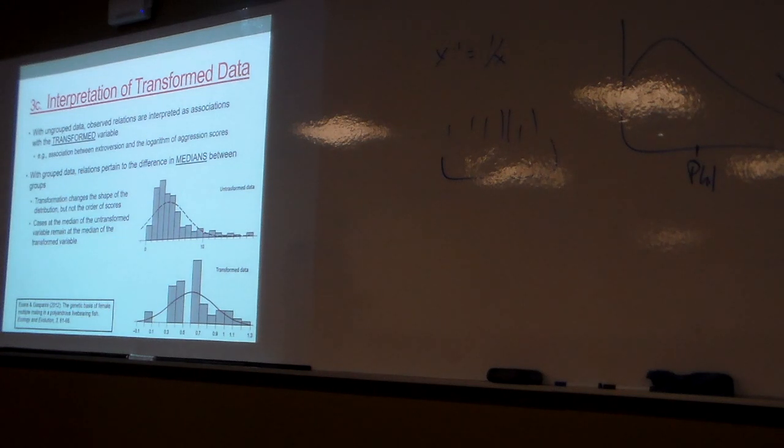As soon as we're using transform data, we're talking about median differences across this group and that group. Okay. So again, I just wanted to make sure that you're talking about this correctly as you're running these analyses. You're talking about the mean of the transform score, certainly, but what we're really talking about is median values and how those shift around.